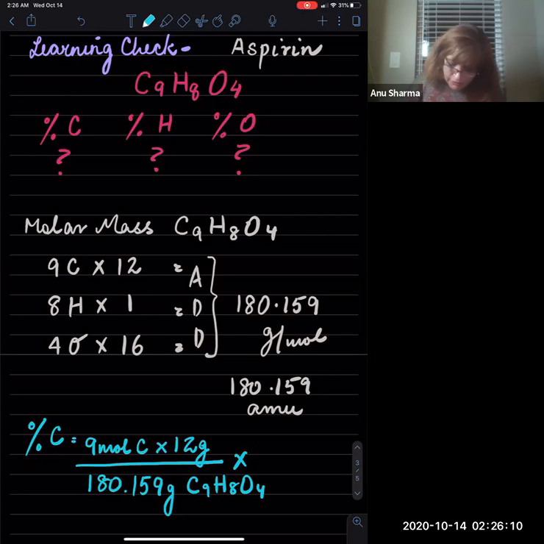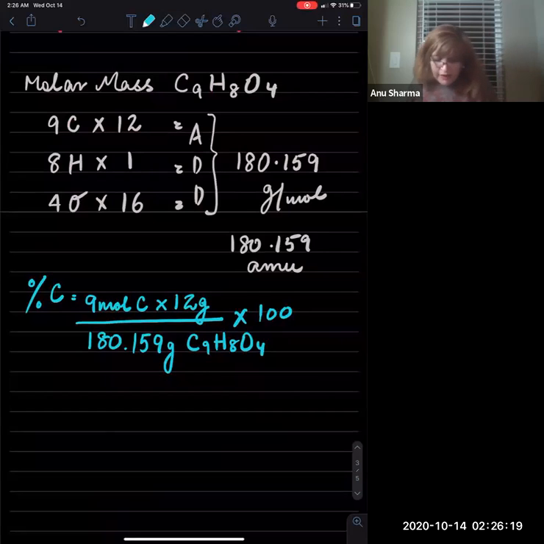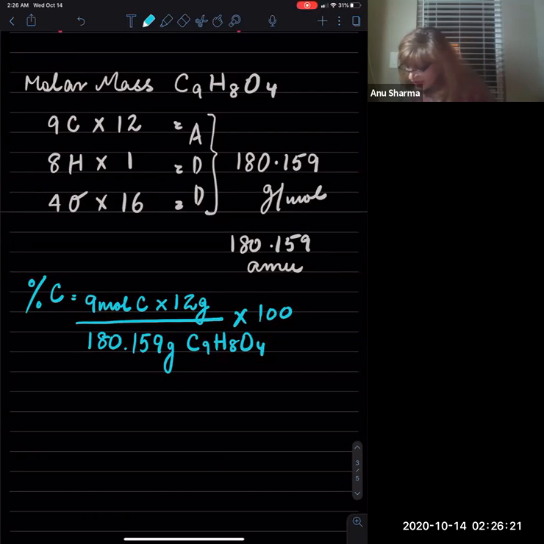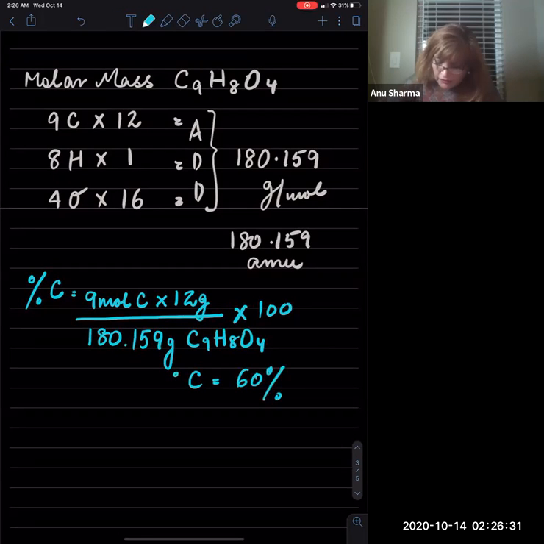When you do the math, this will be 9 times 12 divided by 180.159, and that comes out to be 60%. So the carbon percentage is 60%.